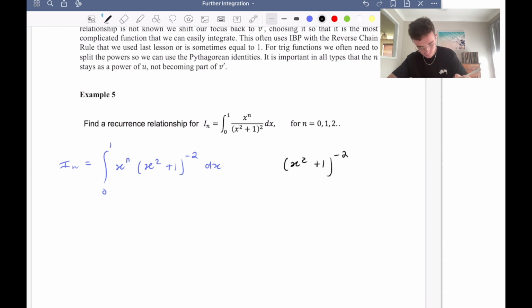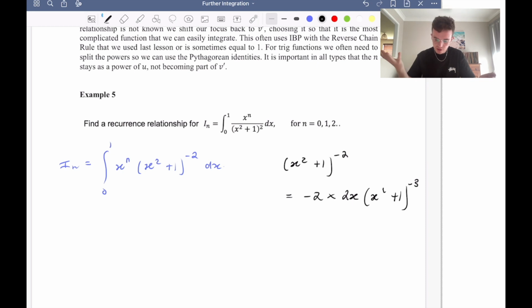If I were to differentiate that, I would bring down the power, minus 2. I would times it by the differentiation of the brackets, 2x, and I would subtract 1 from the power, x squared plus 1 to the minus 3.